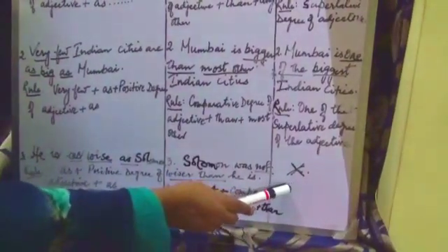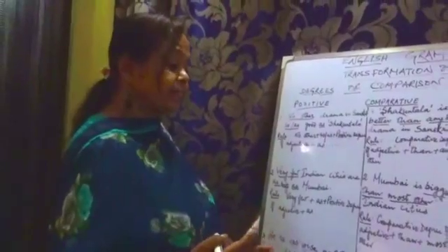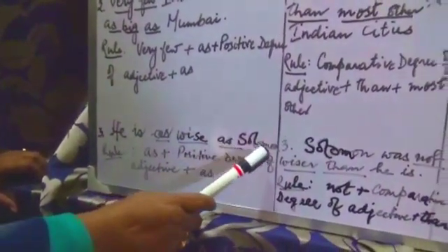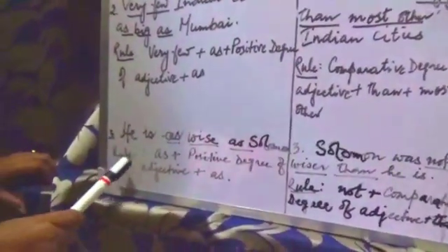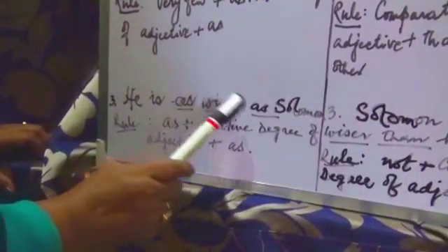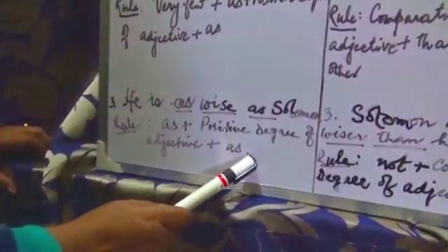Superlative can be used only when you are comparing more than two things or more than two people. So here, he is as wise as Solomon. What have I done? As plus the positive degree of the adjective plus as.